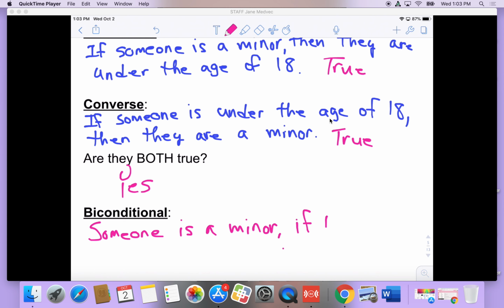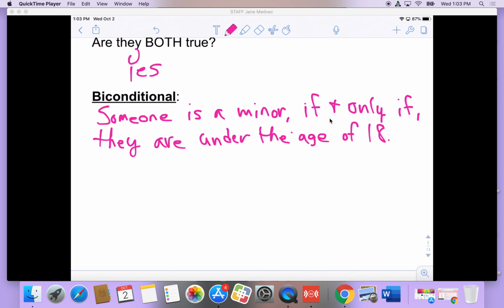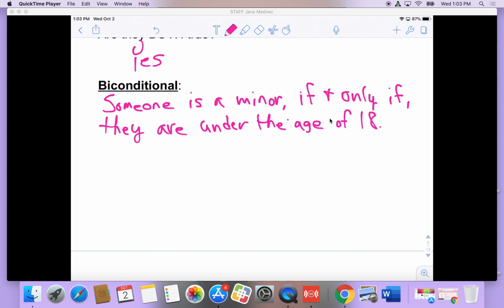Yes, if and only if, what? Good, they are under the age of 18. And that's it. That's today.